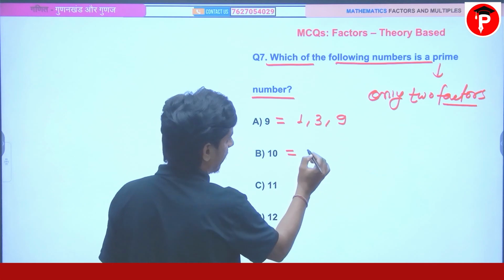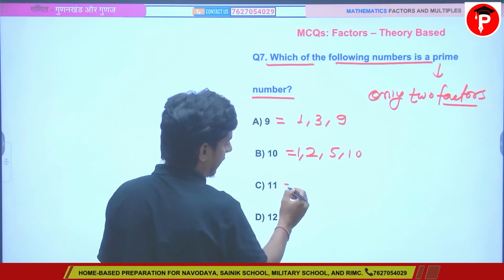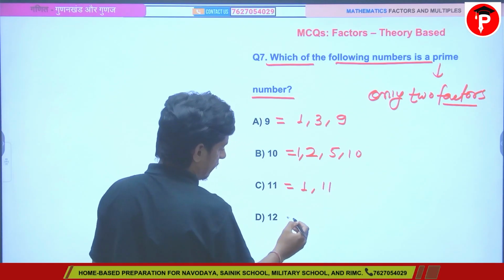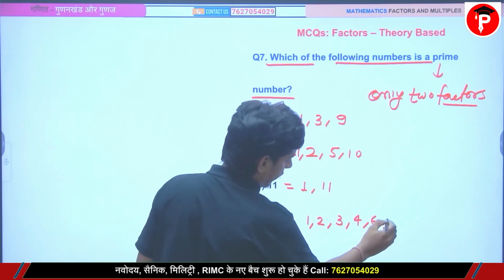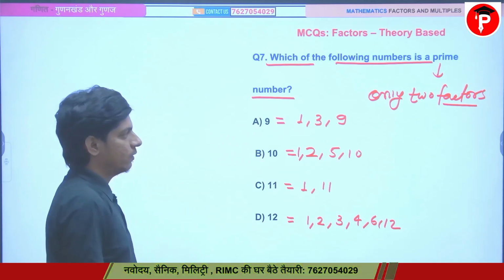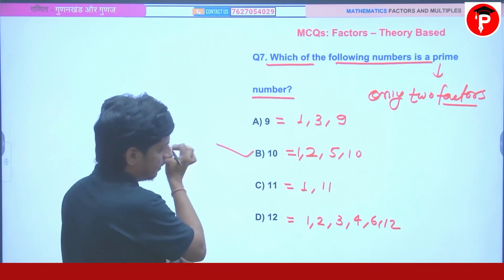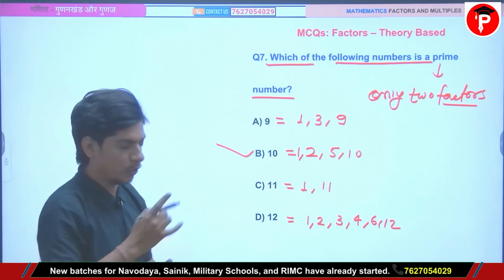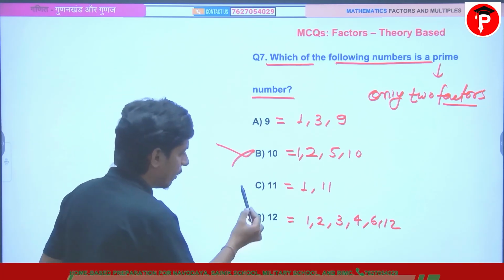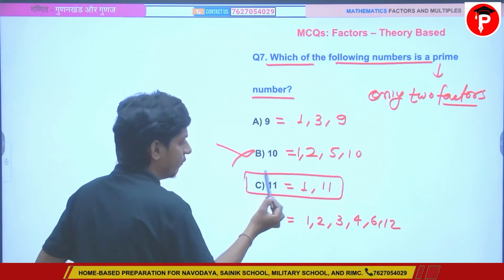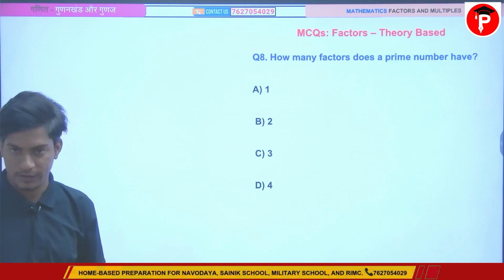Number 10: 1, 2, 5 and 10. 11: 1 and 11. 12: 1, 2, 3, 4, 6 and 12 itself. Only two factors. You shouldn't get confused. Here 2 is given, so will 10 be correct? No, this is wrong. Only two factors means on counting. If you count C, 1 and 11. So C is the correct answer. 11 is the prime number.